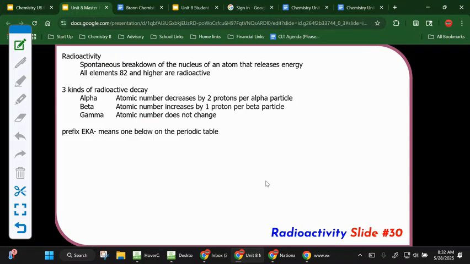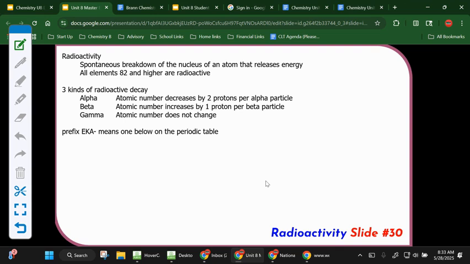All right. So let's talk real quickly about radioactivity here. Radioactivity is unlike any chemical reaction. It is not actually a chemical reaction. Radioactivity is when the nucleus of an atom will spontaneously break apart, and your atom will change into a different kind of atom on your periodic table.